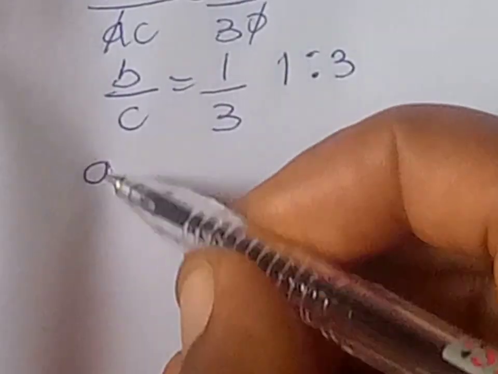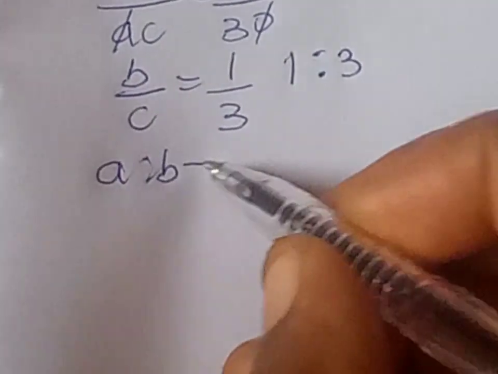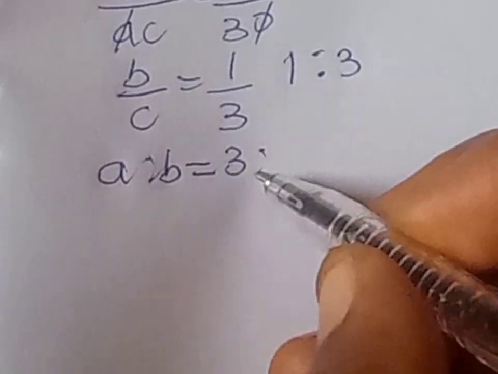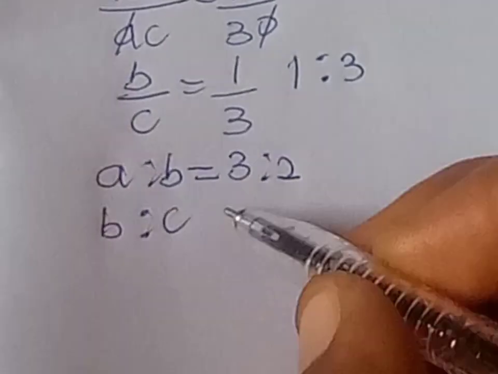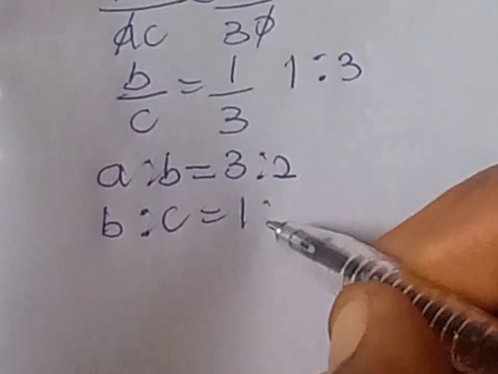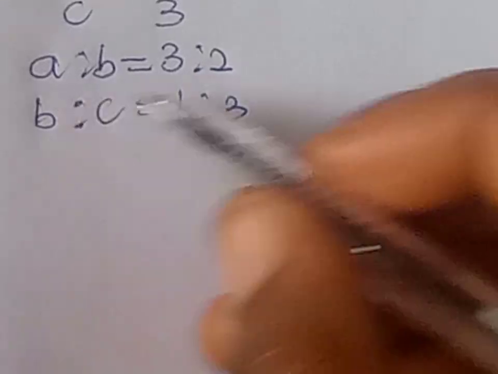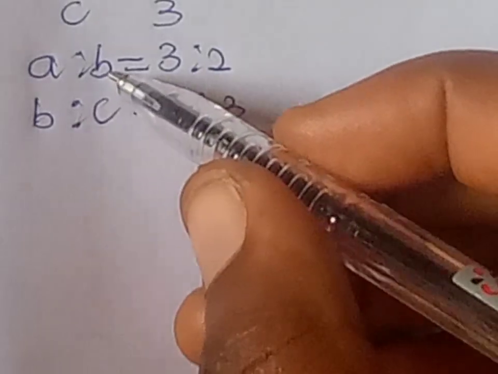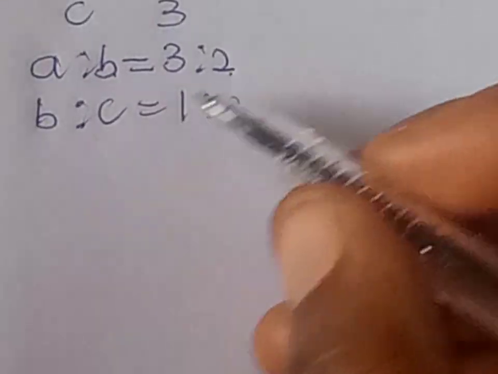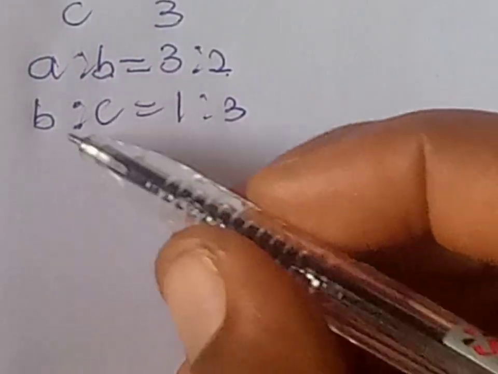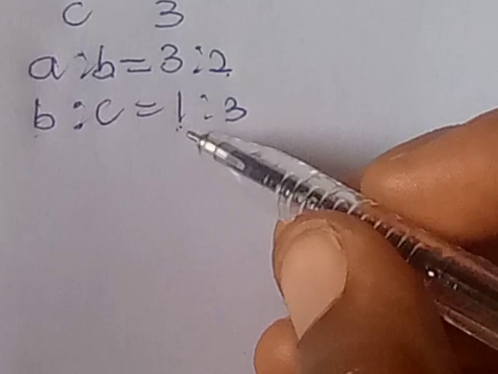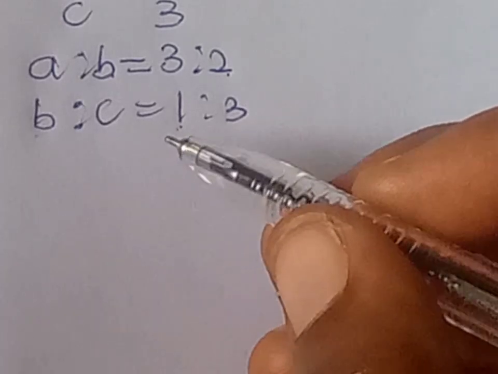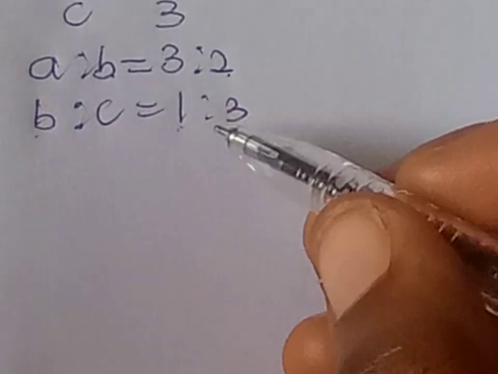Since A ratio B equals 3:2 and B ratio C equals 1:3, looking at the first ratio, B equals 2 and the second ratio says B equals 1. That means we make the value of B the same in both ratios.